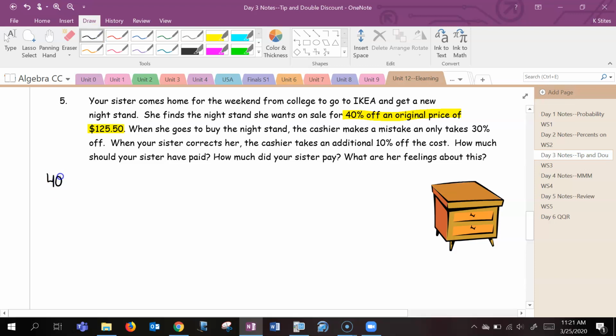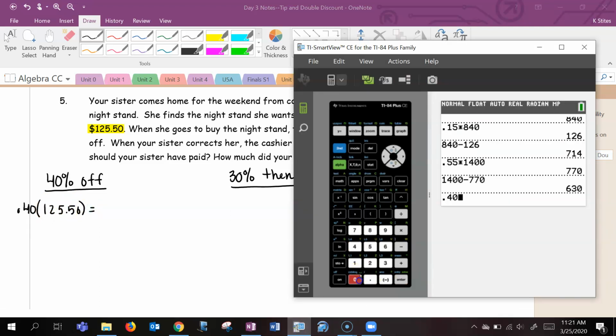We have 40% off. That's what she should have received, but then the cashier messed up, so she took off 30% and then 10%. All right, let's see what happens. So 40% off of $125.50. I'll take my 0.40 multiplied by my $125.50, and all of this I'm just going to do with my calculator. Okay, and that's $50.20.